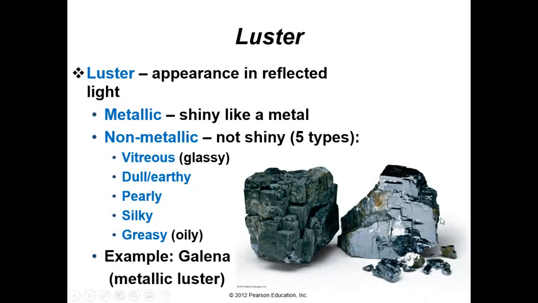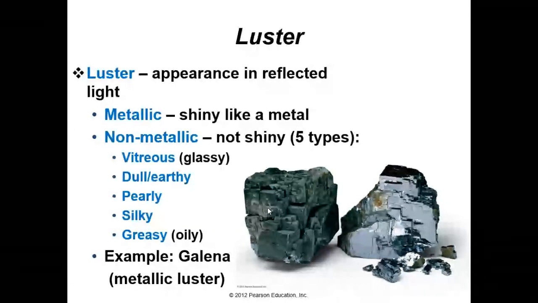Okay, so this here is galena, the mineral galena. It is metallic, so it is shiny. But what you're seeing over here is also an example of galena. Why is it not shiny? It's because it's been oxidized in the environment.